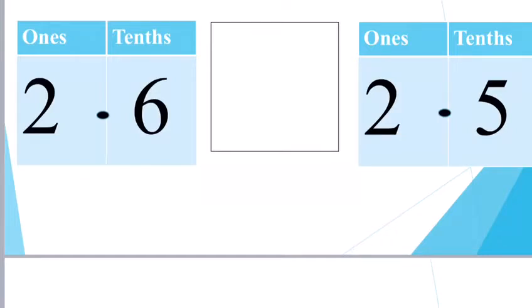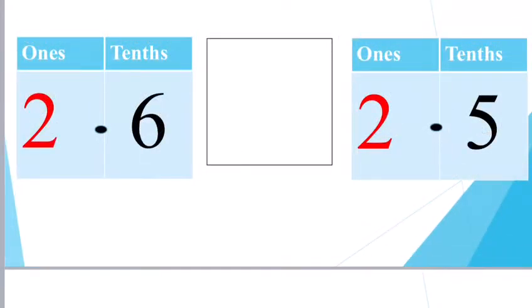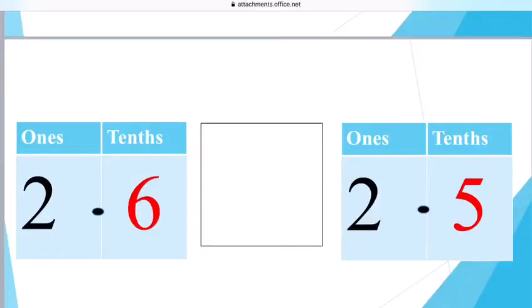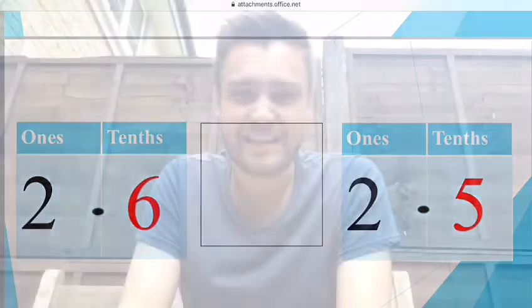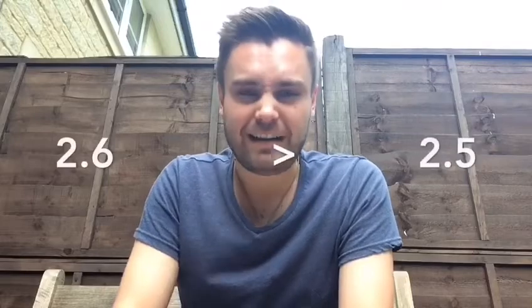So if we compare the two numbers by the value in the ones column, we will see both have the number 2. But if we move across to the tenths column, we will see that 2.6 has 6 tenths in comparison to 2.5, which has 5 tenths. So we can see that 2.6 is greater than 2.5.